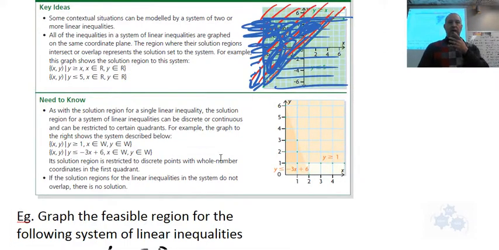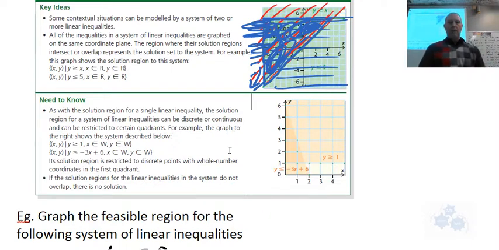So you shade this in when it's x is an element of the real numbers, y is an element of the real numbers. That means that if x is an element of all real numbers, positive, negative, 0, decimals, irrational numbers, everything, then you shade it in. So every conceivable little decimal number is involved. If it's whole numbers or integers or natural numbers, like down here is whole numbers, you have to be a little more careful.